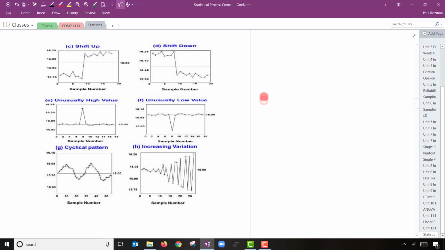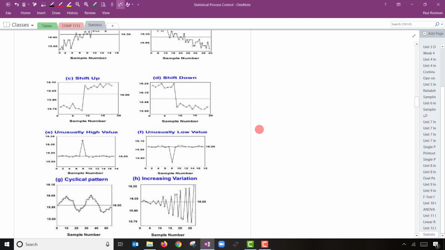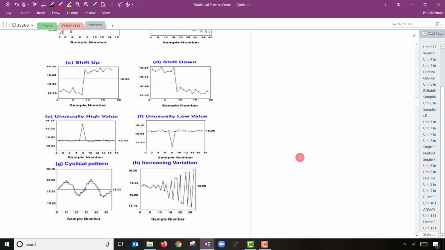So these are patterns that we look for in our run charts and other statistical plots. And again, these things are pretty easy for a lay person to watch out for.